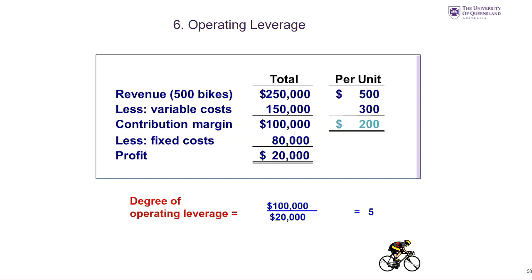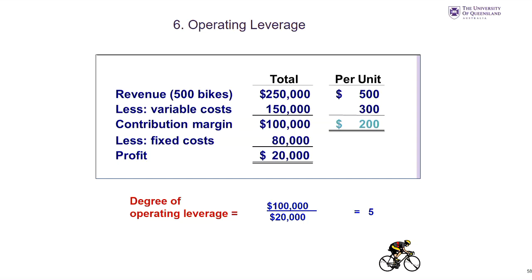Our variable costs are $300 per bike. We sold 500, so our total variable cost is $150,000. If we take that away from our revenues, our contribution margin is $100,000. So we know that it's $200 per bike. If we take away our fixed costs, our profit is $20,000.